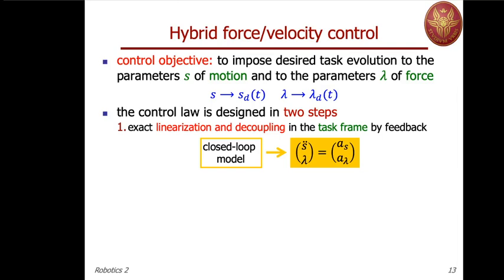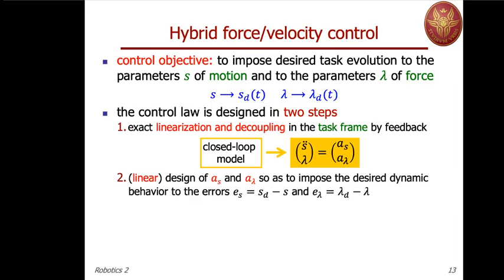The acceleration of the parameter s will be specified by a new input a_s, and the value of the parameters lambda that specify the contact forces will be assigned by another new input a_lambda.